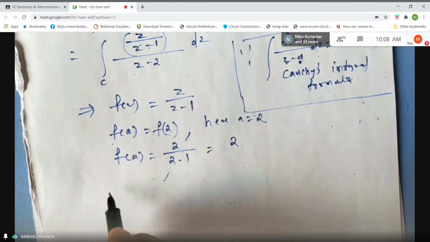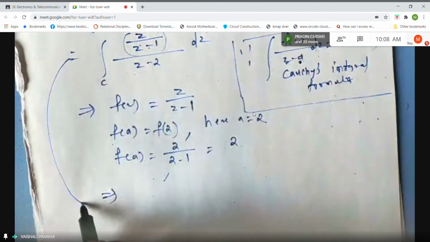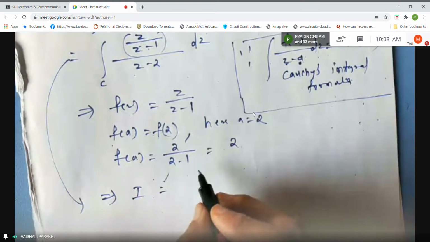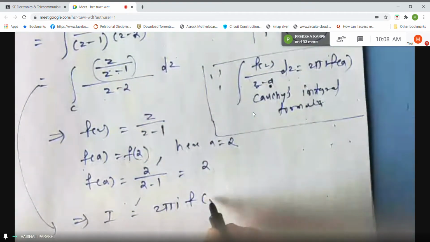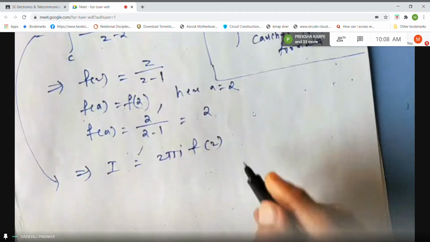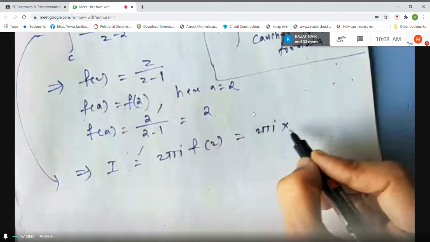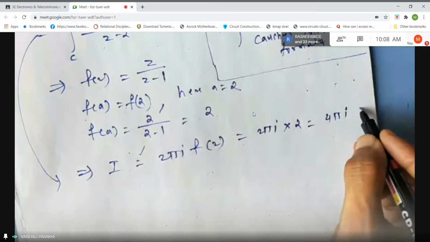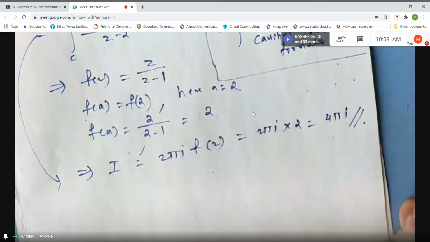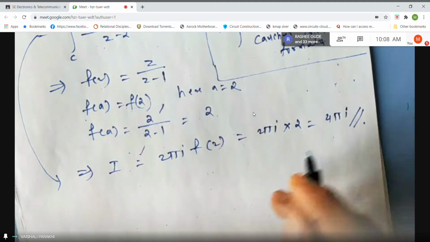So this implies our integral I is equal to, what is the formula? See, 2 pi i f of a. f of a means f of 2. So it is 2 pi i, f of a is 2. So your final answer is 4 pi i. Correct?